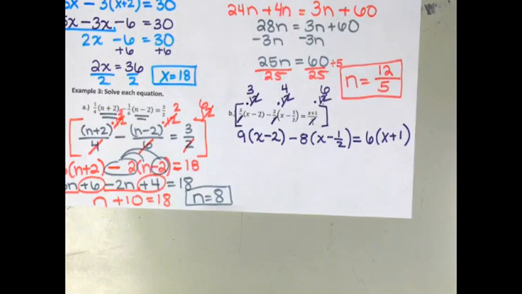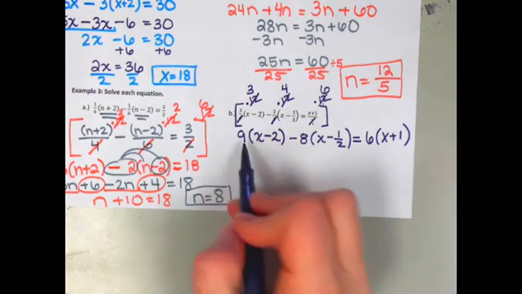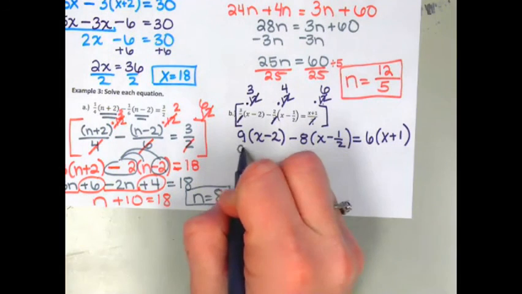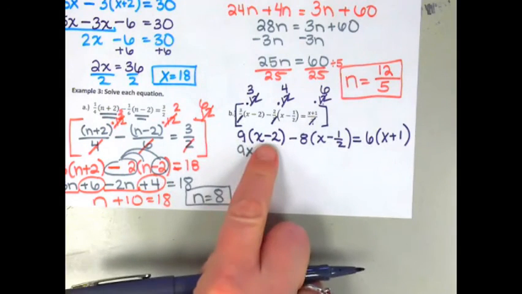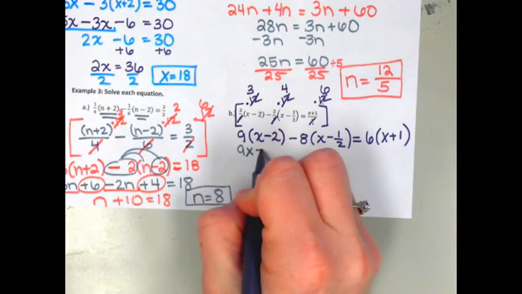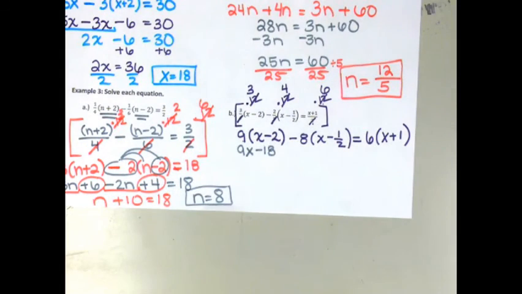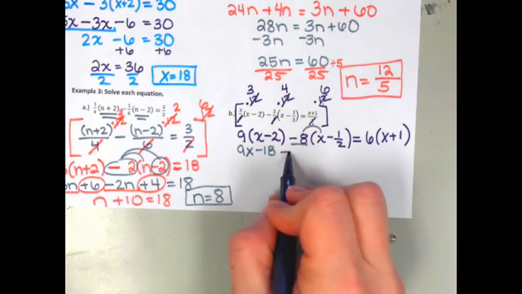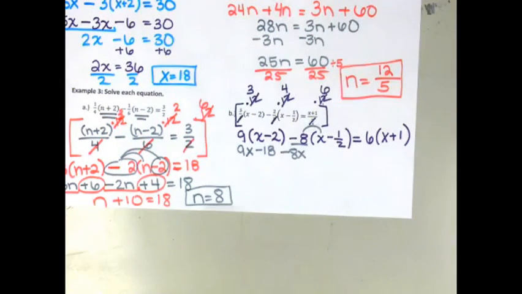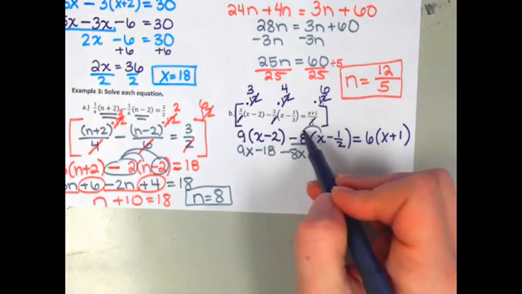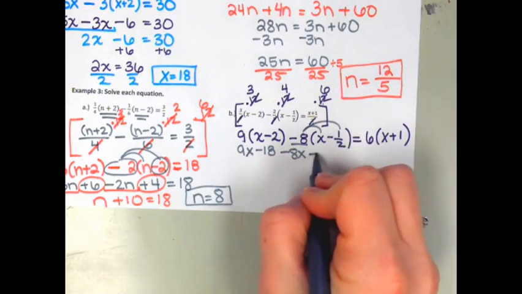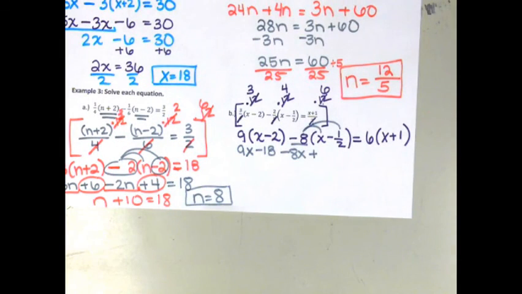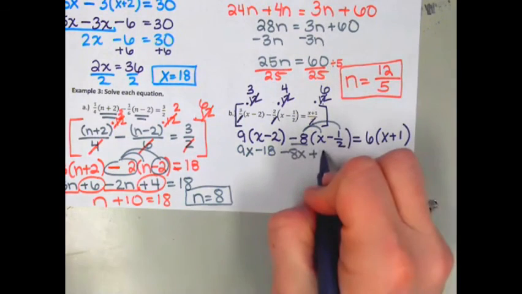Okay. All right. Now, do we know how to distribute? We should. What's 9 times x? 9x. 9 times -2? -18. -8 times x? -8x. What's a negative times a negative? Positive. And what's 8 times 1/2? 4, yeah.